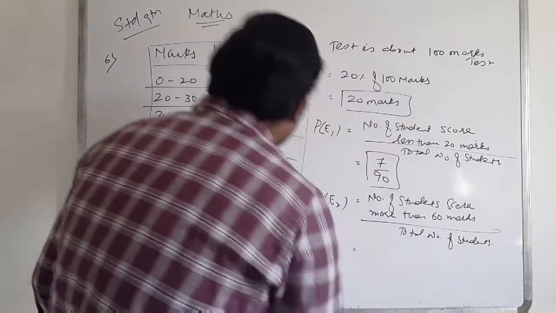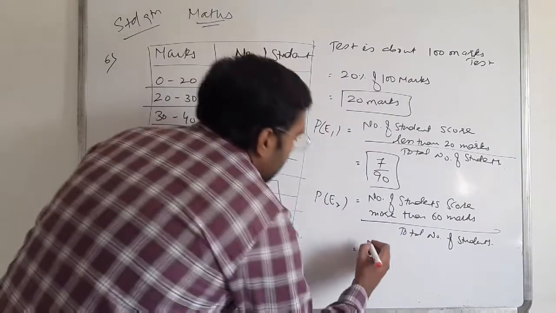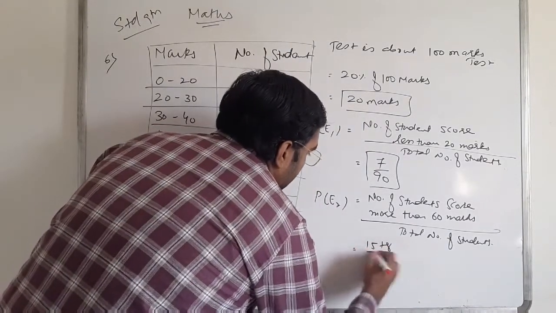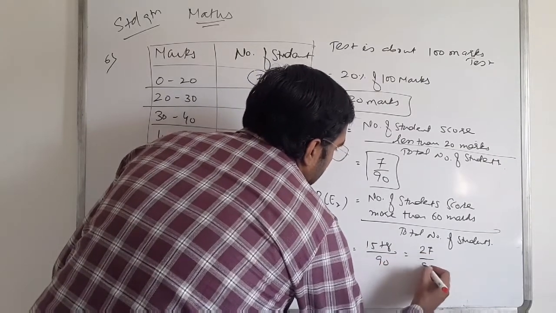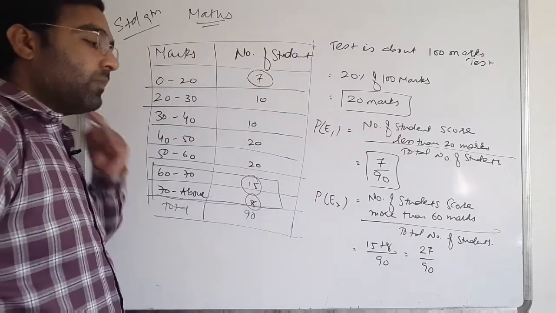There is 15 and 8, so 15 plus 8 divided by total 90, that is 27 by 90.